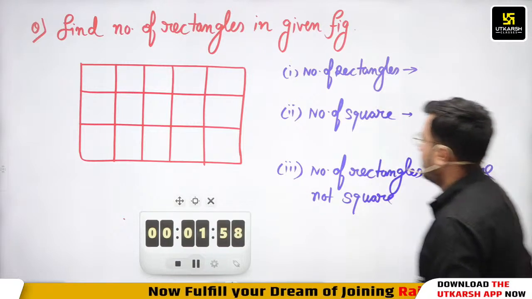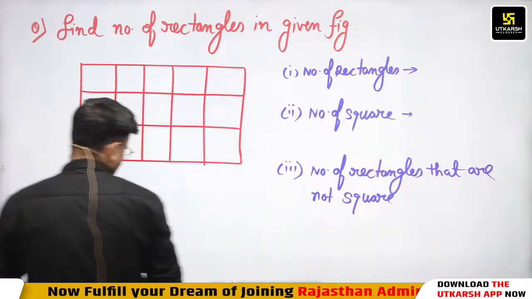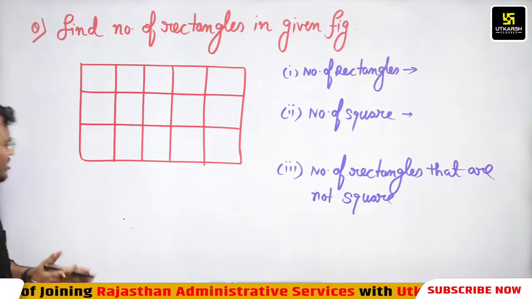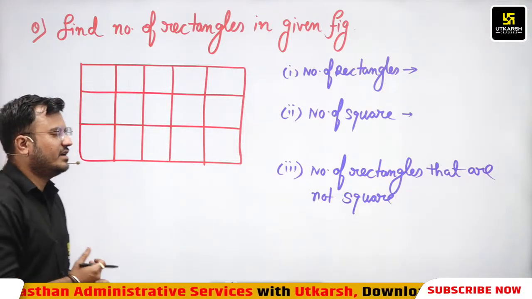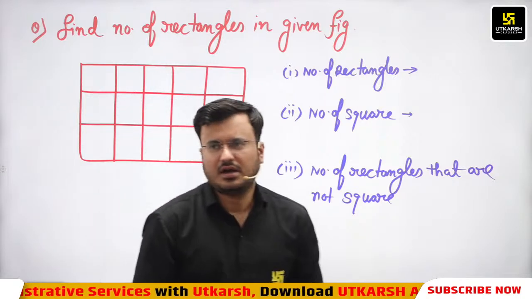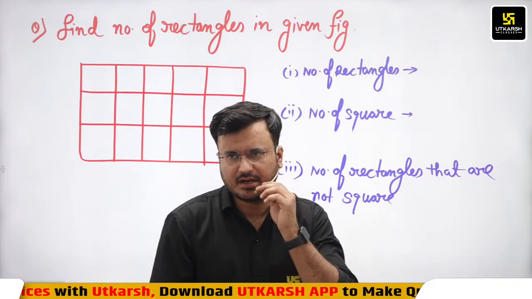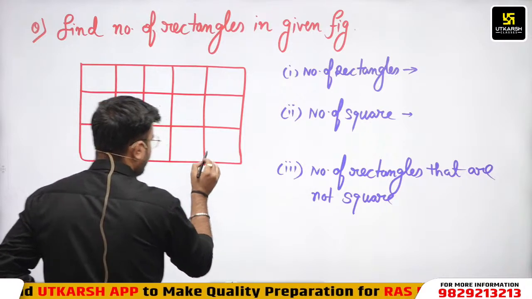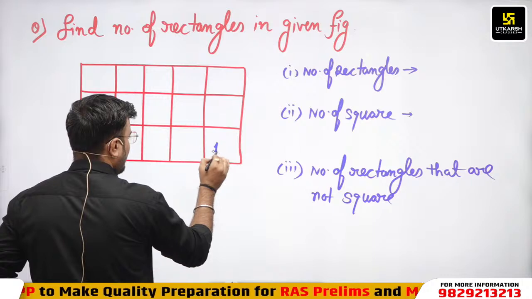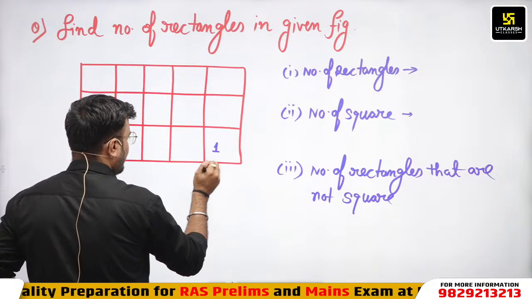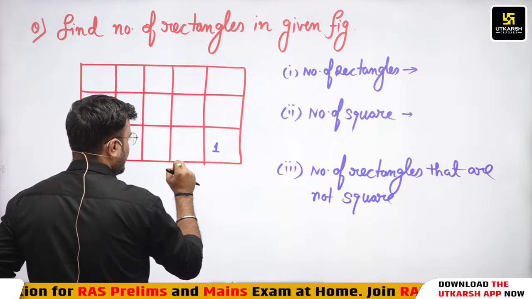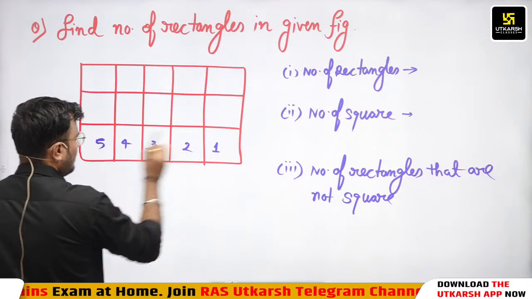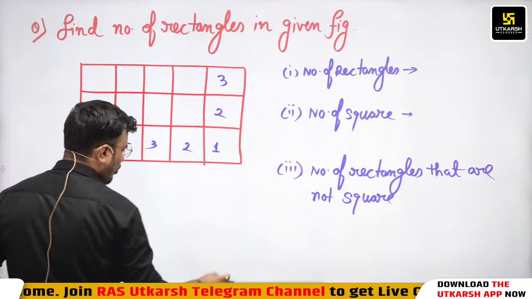Let's see the number of rectangles. So yes, NK, if we are counting the number of rectangles, that means squares are also included. So we need to use the same trick as I discussed. We need to write the natural numbers starting from the rightmost smallest rectangle: 1, 2, 3, 4, 5 and 1, 2, 3, and then add all these numbers.